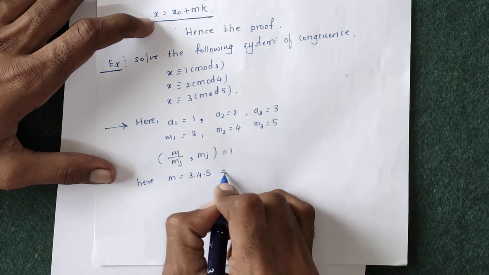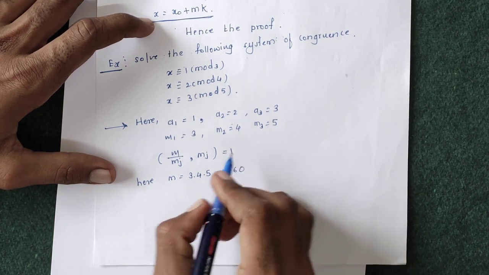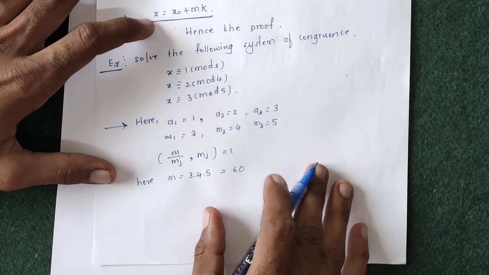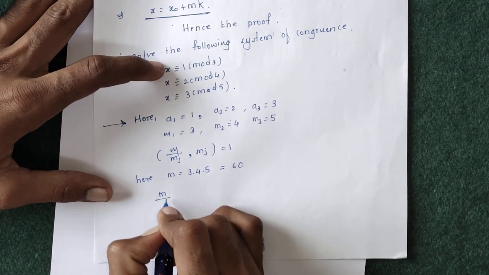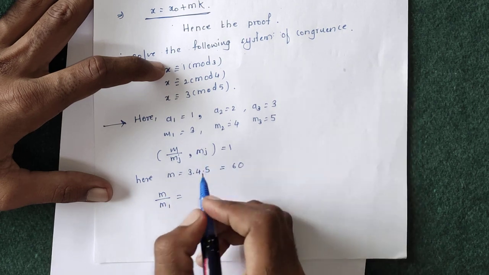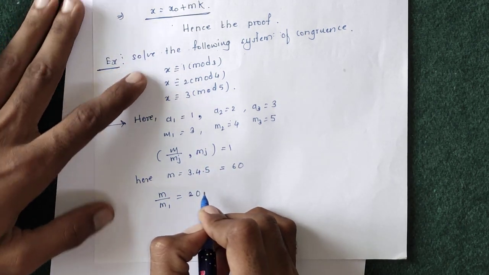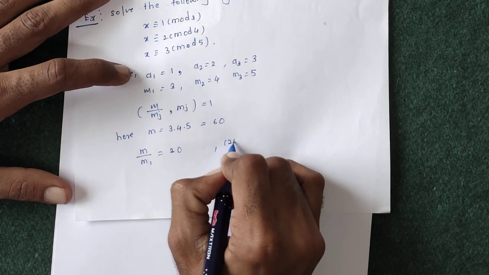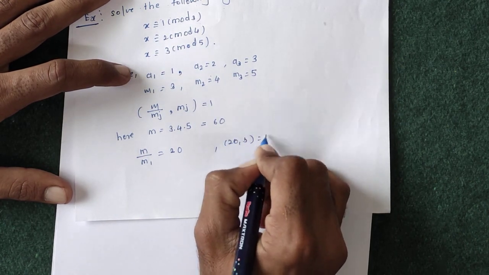3 into 4 into 5 is 60. GCD of 60 divided by m1, that is 60 by 3 is 20, and GCD of 20 with 3 is 1.